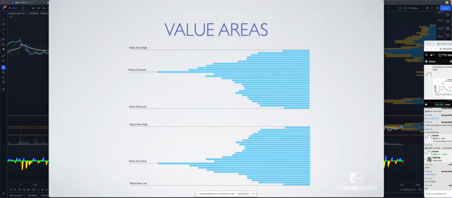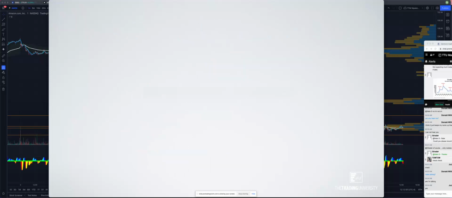So when we're looking at this, how do we try to trade this? What information does this give us on an actual live chart that will allow us to make trades and take shots? What does this look like on an actual chart?